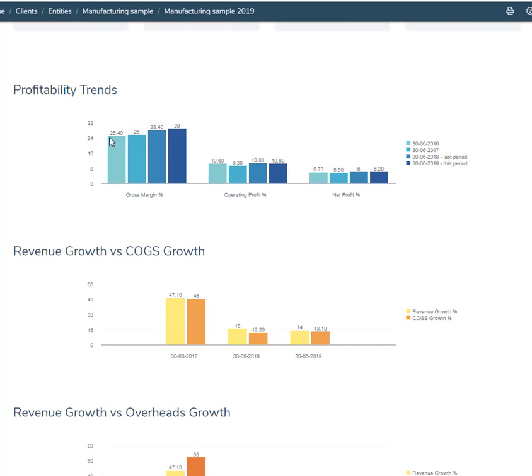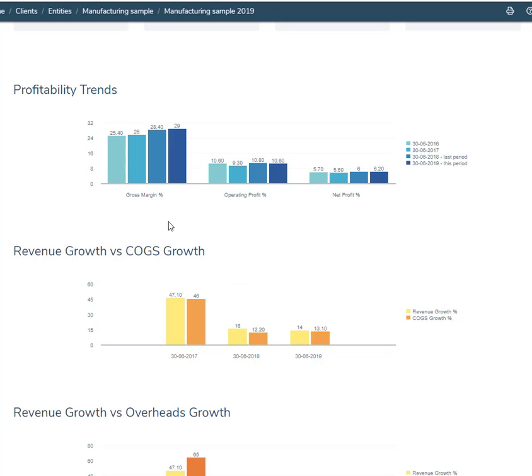So as we look at here, profitability is going up, which is good. However, our operating profit is stagnant and actually decreasing in percentage terms. And as a percentage of sales, our net profit has also been very steady.